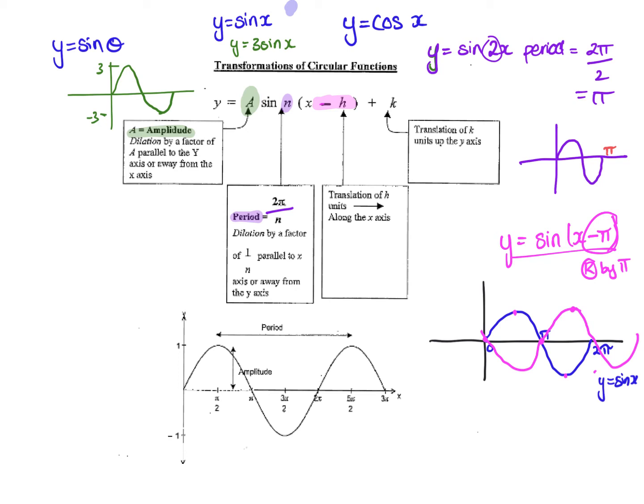And the final little number, the same as in your other graphs, this would move it up and down. So if I had y equals sine x plus 3, you're still going to have the same sine graph, except it's going to start up on y equals 3 and it'll still have an amplitude of 1.